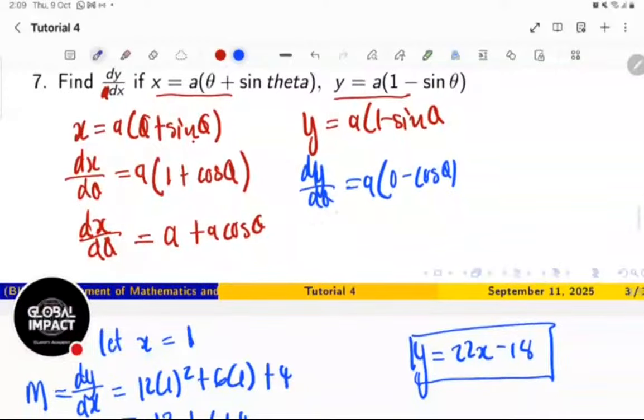You see, you can find your dy/d theta. You can simplify it if you want. I have my a times 0, which is 0, and negative a cos theta.